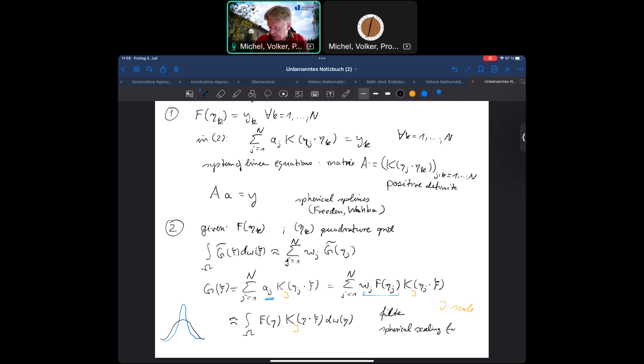And what I said about looking at the differences of consecutive filtered versions, the consecutive approximations, this would be spherical wavelets. And someone who has done a lot in this respect was again Willi Freeden.